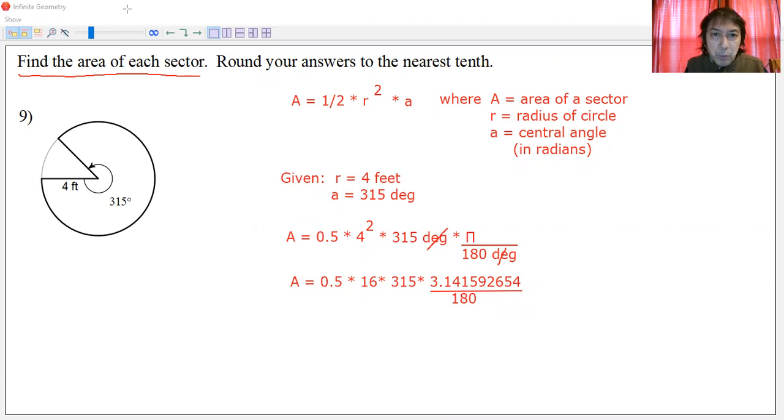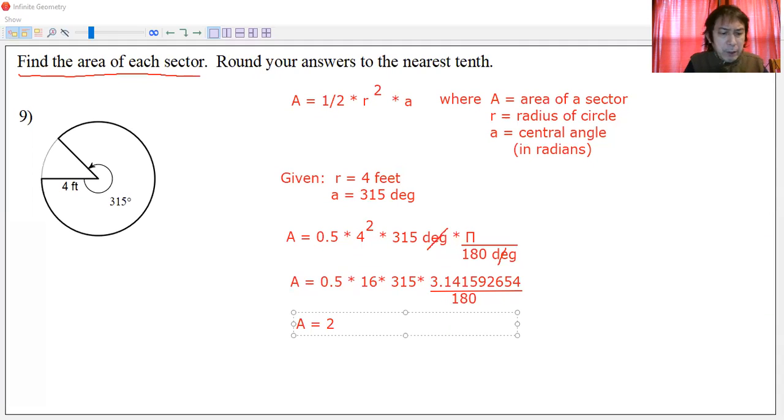So all we need to do is multiply the four numbers first, the 0.5, the 16, the 315, and the 3.14. This will be 0.5 times 16 times 315 times the value of pi, that's 2520 pi divided by 180.